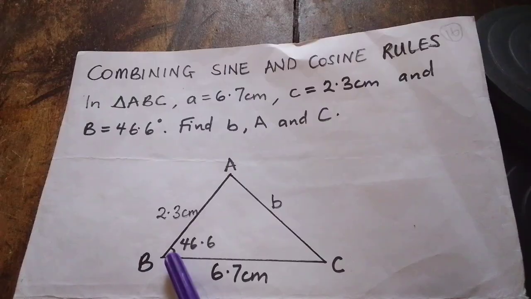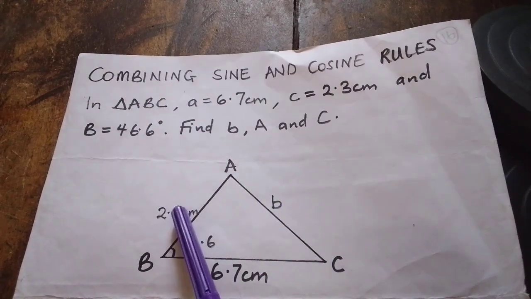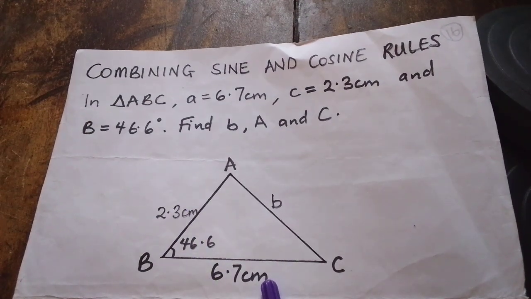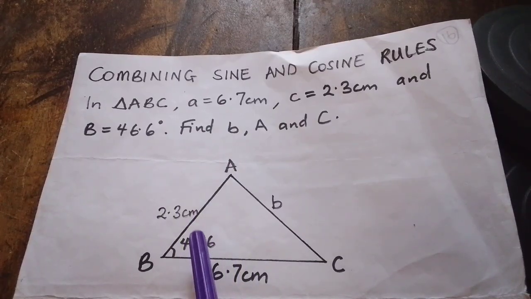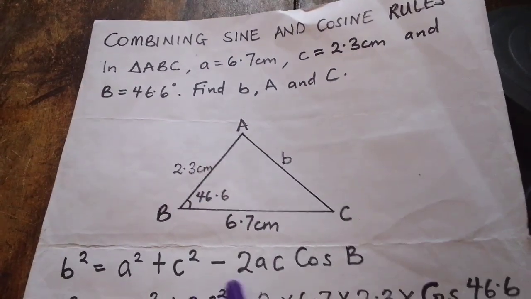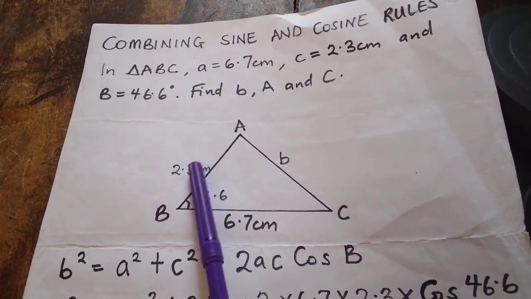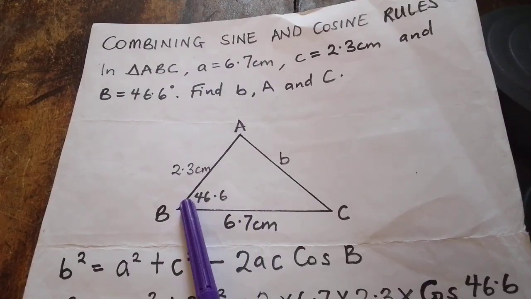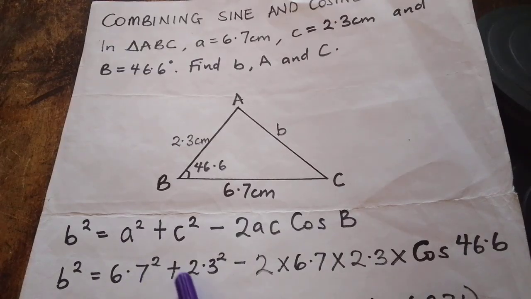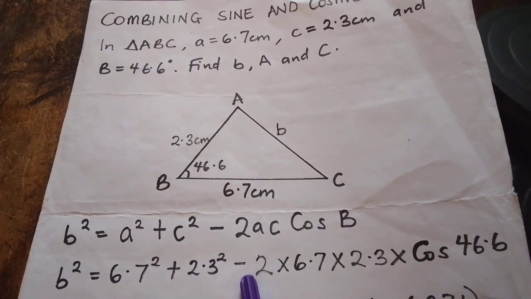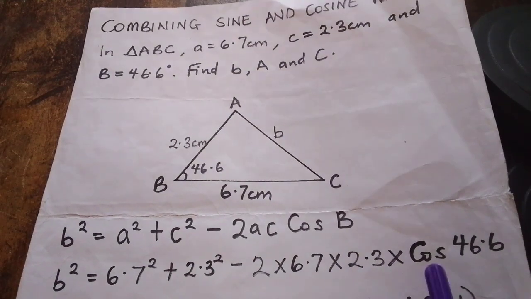So to apply the cosine rule, we are looking for B. The square of side B should be equal to the addition of the squares of the other two sides minus 2 times the multiplication of these two sides times cos of angle B. So that means B squared equals A squared plus C squared minus 2AC cos B. So when you substitute, our A is 6.7 squared plus our C is 2.3 squared minus 2 times A, which is 6.7, times C, which is 2.3, times cos 46.6.